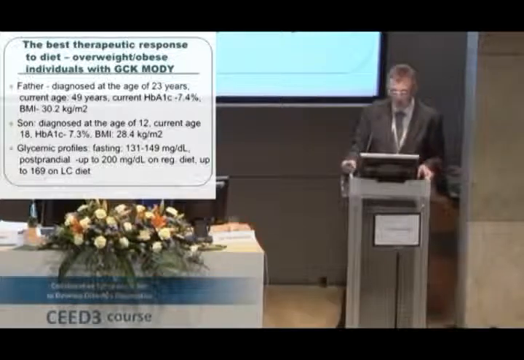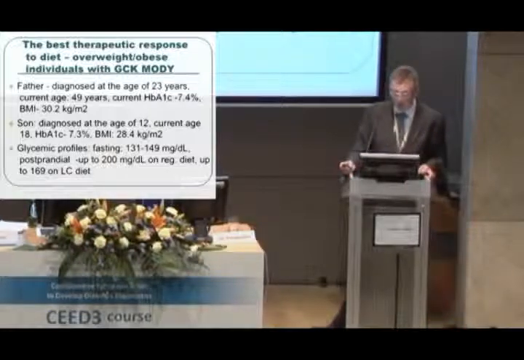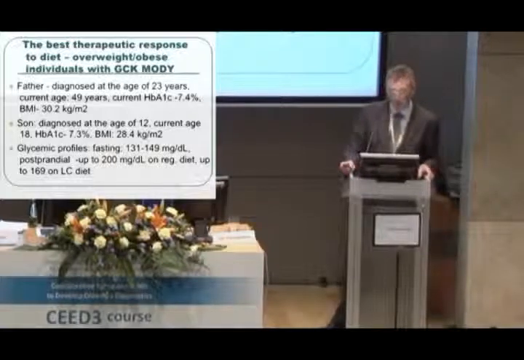His current age is 49, current HbA1c is 7.4, and his current BMI is 30.2 kilograms per square meter. His son was diagnosed at the age of 12, his current age is 18, HbA1c is 7.3, and his BMI is 28.4 kilograms per square meter.